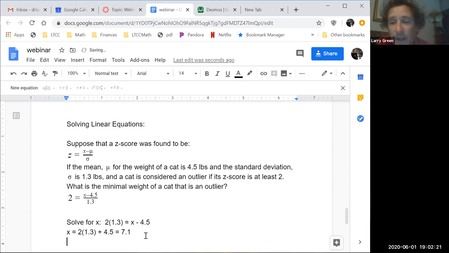And that's the outlier weight. Any questions on this example? Okay, so again, when you're solving linear equations, the first thing you do is plug in all the numbers you know, and then you undo order of operations backwards to get x by itself, and then answer the question.